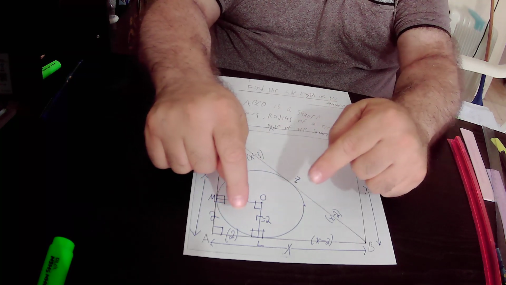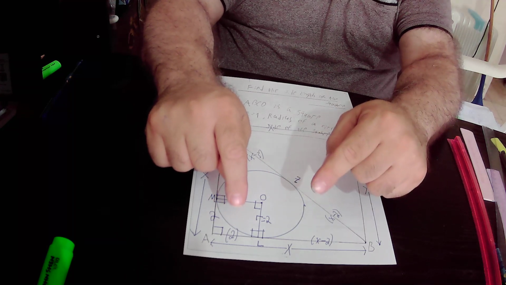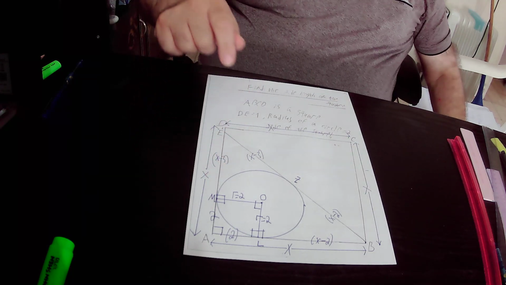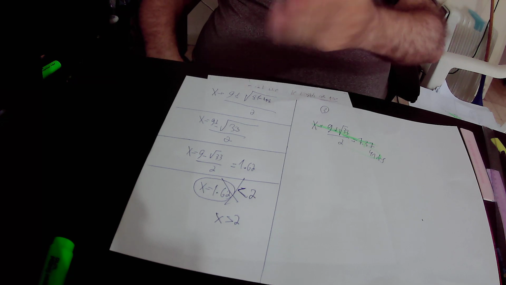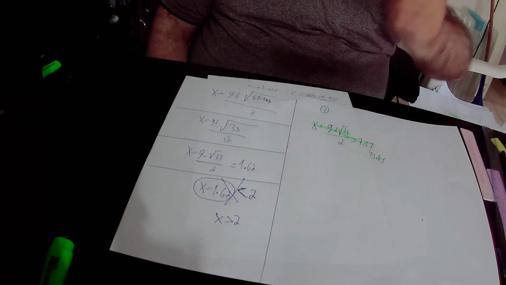So if x is longer than AL and AL equals 2, it means that x must be greater than 2 units. Very simple. From the drawing you can see obviously that x must be greater than 2 units.